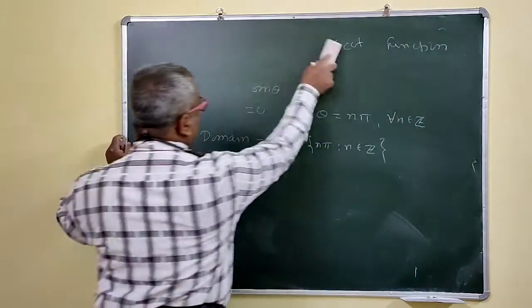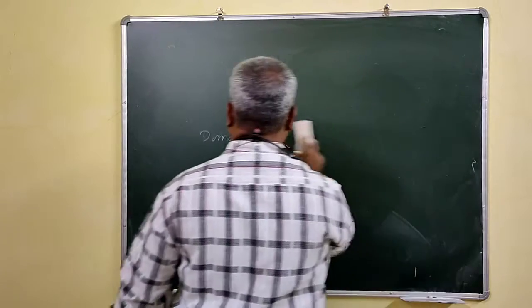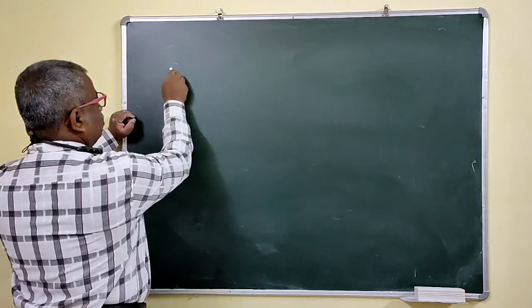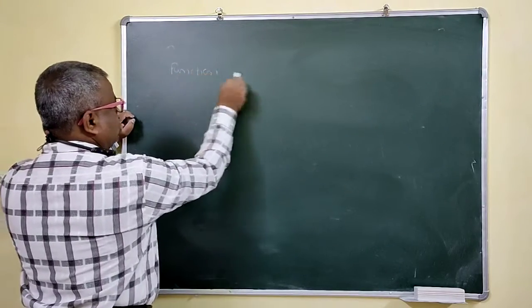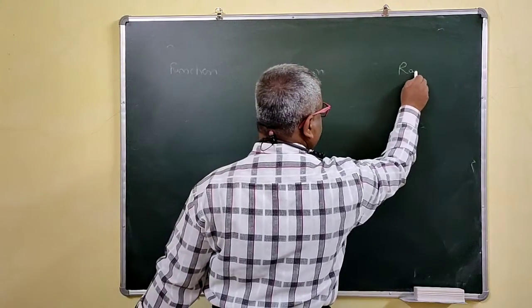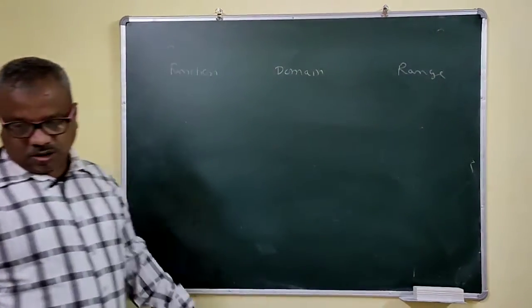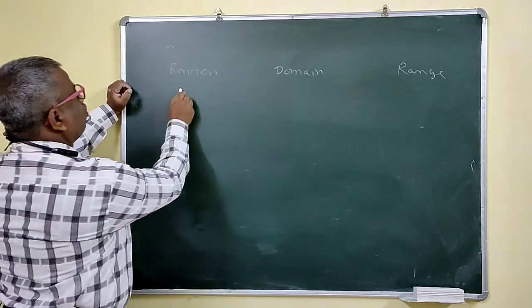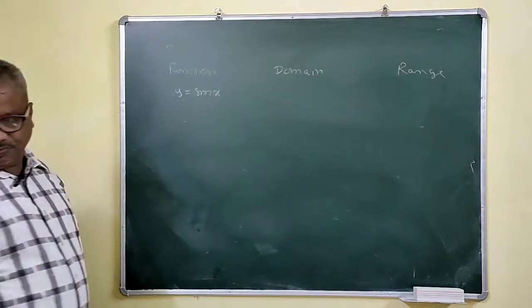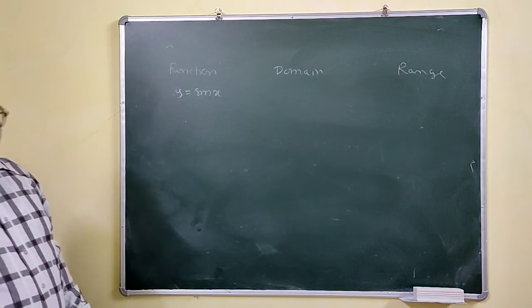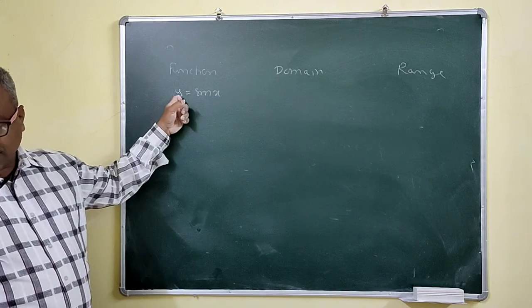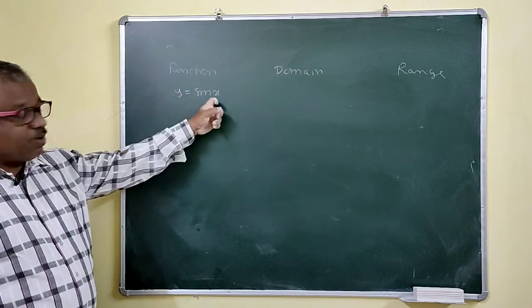Right, so we'll recall once again. We'll write a table now: function, domain, and range. So your function is, suppose we write here, y is equal to sin x. The range will be the value of y.